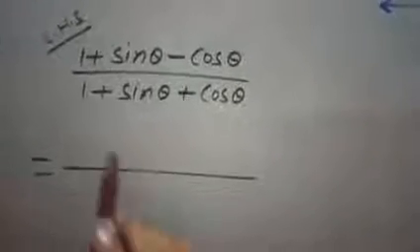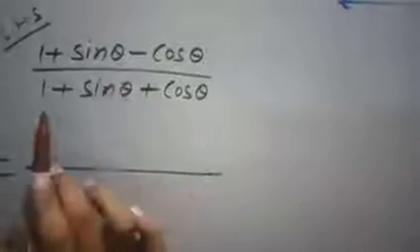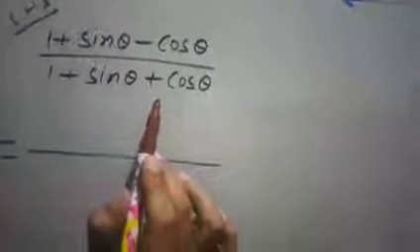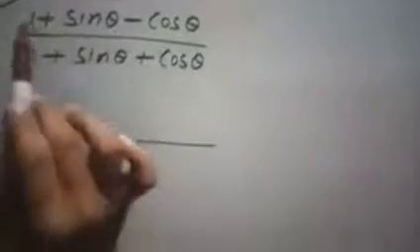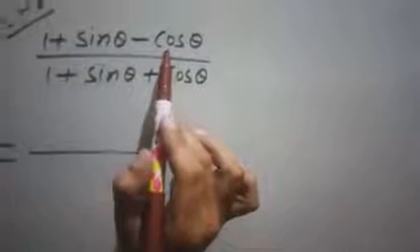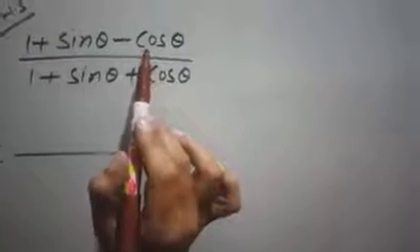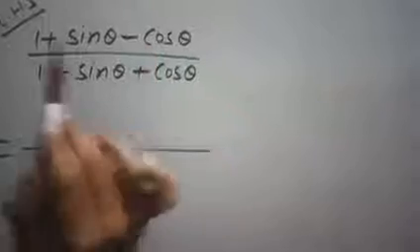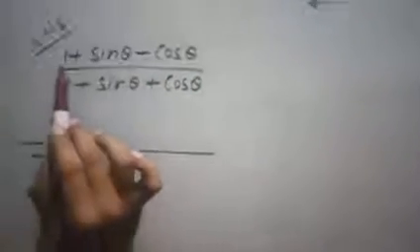Now in the next sum, the left hand side is (1 plus sin theta minus cos theta) upon (1 plus sin theta plus cos theta). I told you one thing: whenever we have 1 and cos theta, you have to use that formula of cos theta by which 1 is cancelled out, whether it is positive or negative.